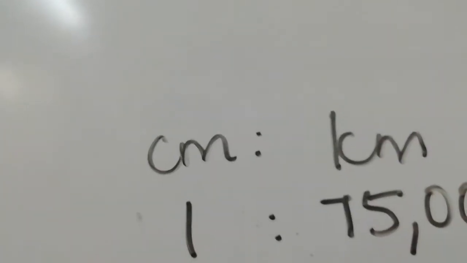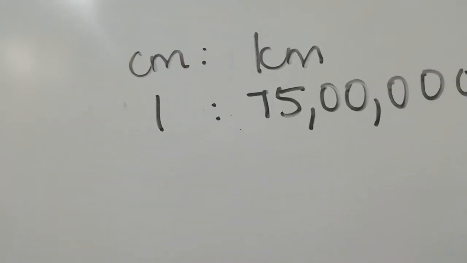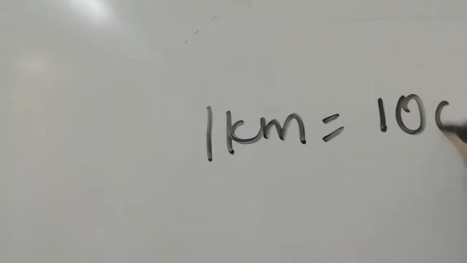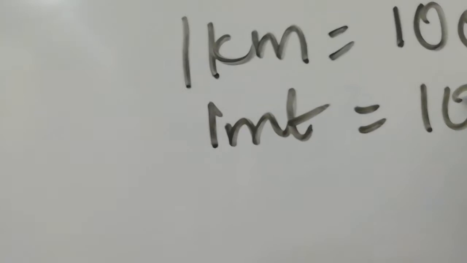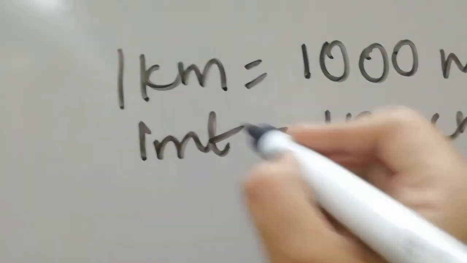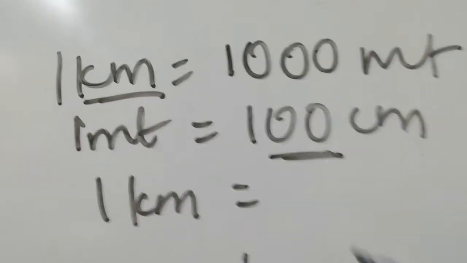1:75 lakhs. Can your kilometer be this big? No. So first we will convert our kilometer. 1 kilometer is equal to 1000 meters and 1 meter is equal to 100 centimeters. So if I want to go from kilometers to centimeters, 1 kilometer is equal to how many centimeters?